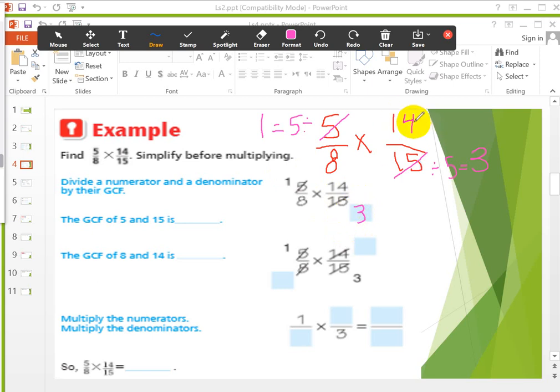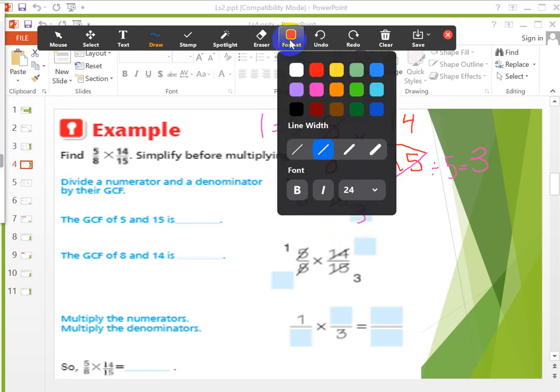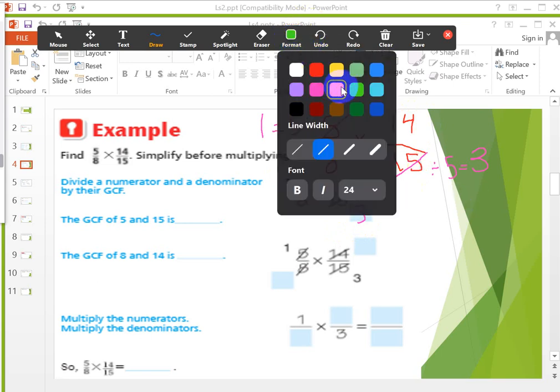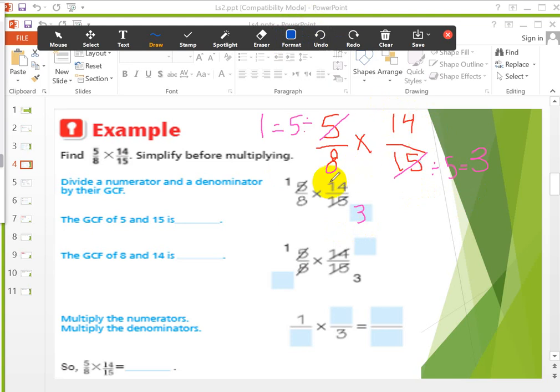What about 14 and 8? The numerator from the second fraction and the denominator from the first one. Is there a greatest common factor between 14 and 8? Yes.